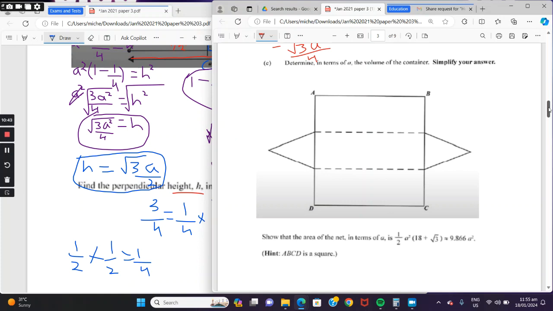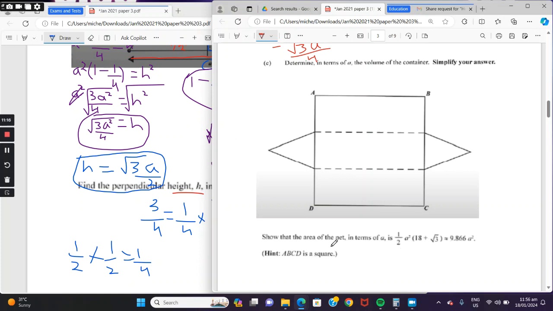Okay, moving on to part C. So it says determine in terms of a the volume of the container. Then simplify your answer. So that means you write it in the simplest form, and you also have shown that the area of the net in terms of a is a half a squared, open bracket 18 plus that.